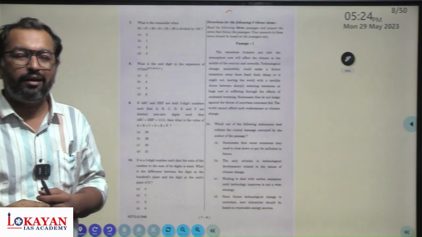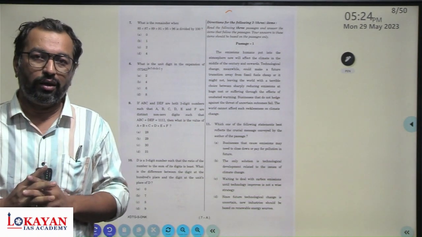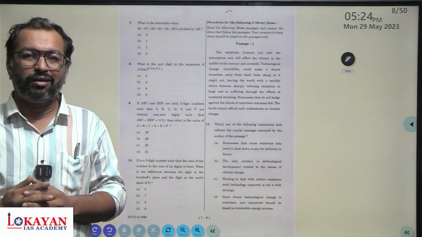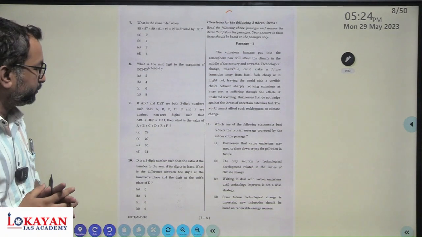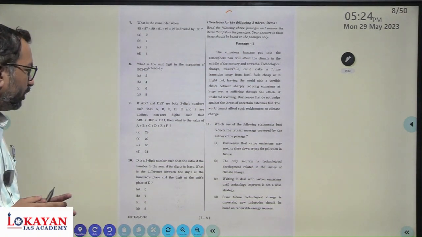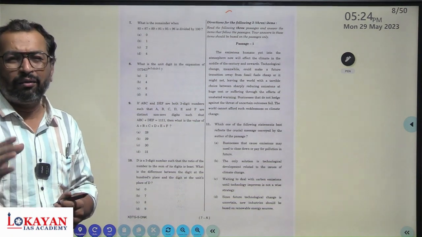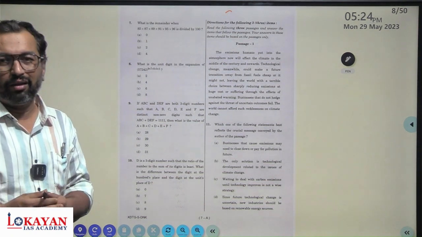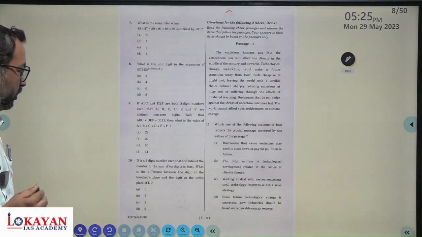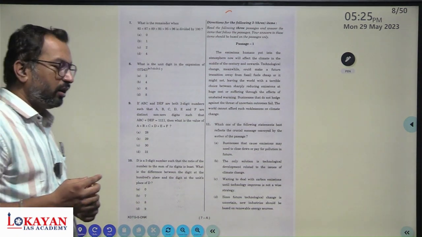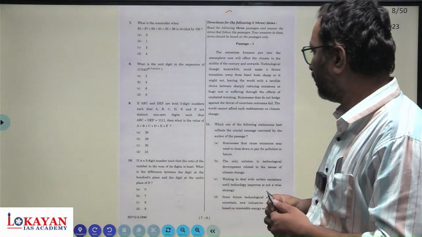That will be very disastrous. And this year's paper is a warning bell for all of you, that start studying for CSAT from today only, right? Because it will hamper your performance. Your GS paper is not going to be checked if CSAT is not cleared. So a whole year of study can go in vain. So we don't want that.